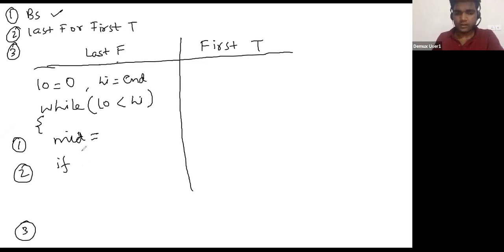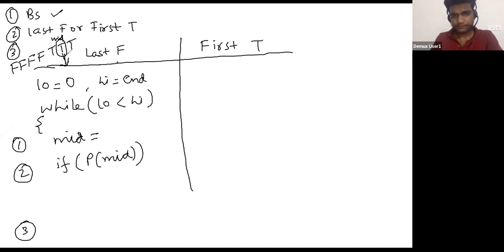So now let's talk about the decision making. I will evaluate the predicate at mid. I will check if P of mid is true. If P of mid is true, then what happens? I have a series of Fs followed by a series of Ts, and my predicate at some mid index evaluated to true.